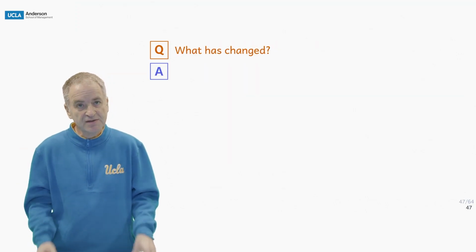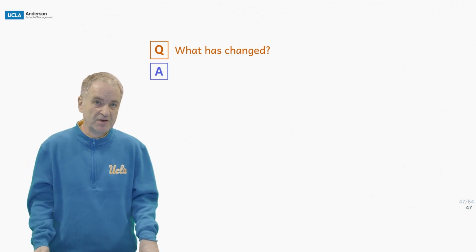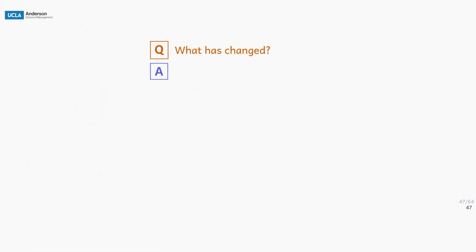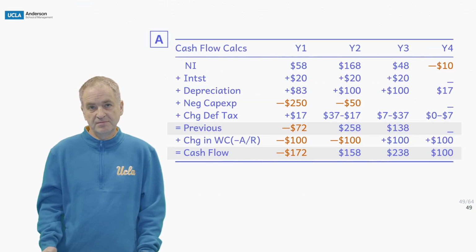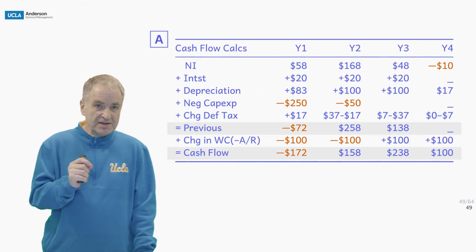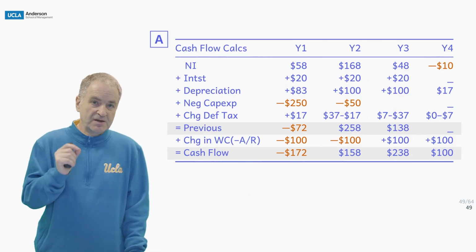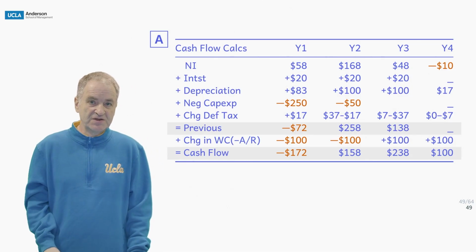What has changed then? So the income statement hasn't changed. What will change on the public financials? Please pause this video now, answer the question on a piece of paper, and then continue. Well, what I need to do is I need to take the change in working capital, that is the negative of the accounts receivable.